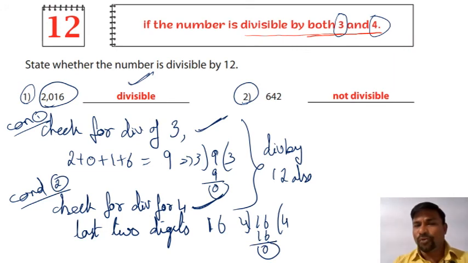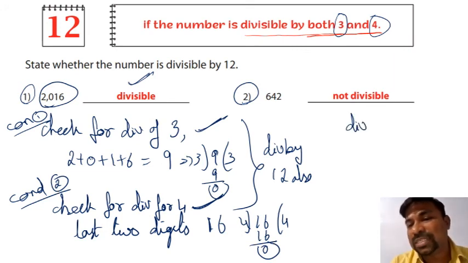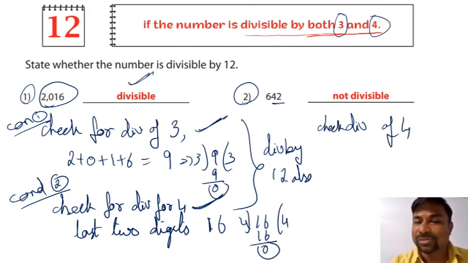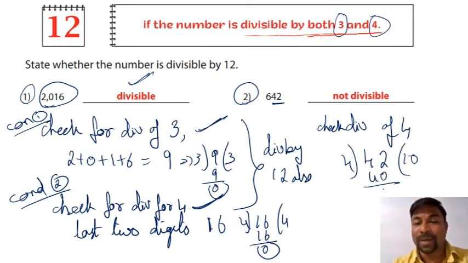First let's check the divisibility by 4. What are the last two digits? 42, right? So is it divisible by 4? 4 tens are 40, but the remainder is not 0, which means it is not divisible by 4.